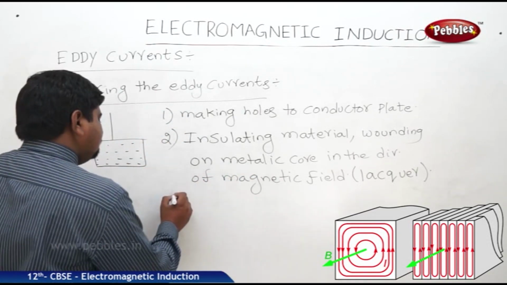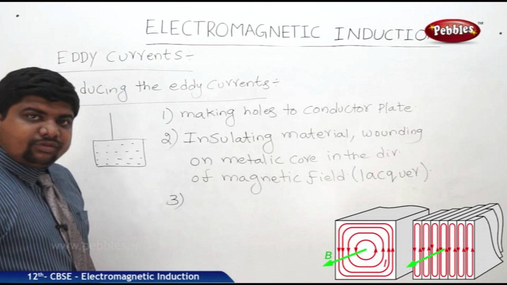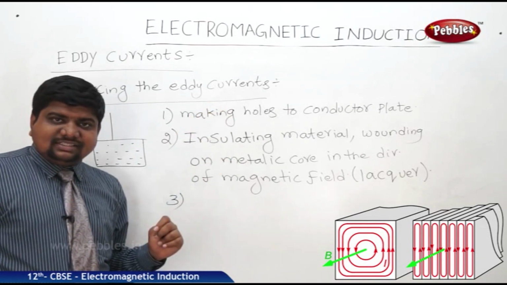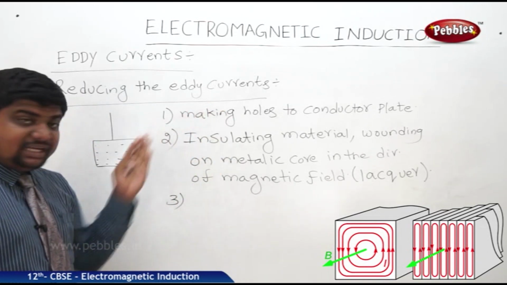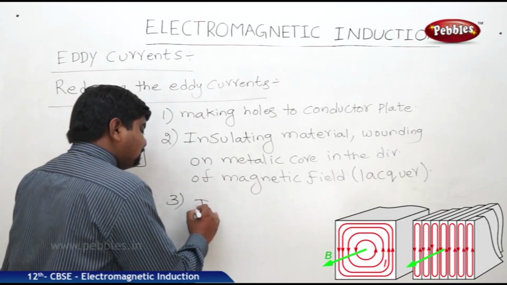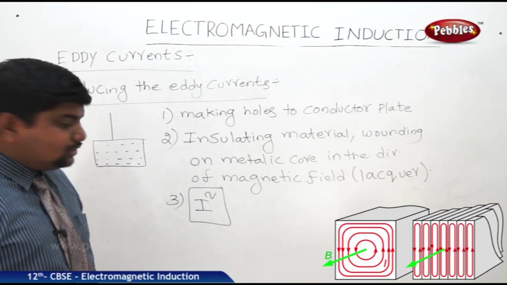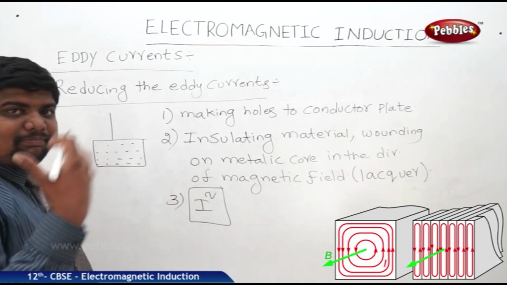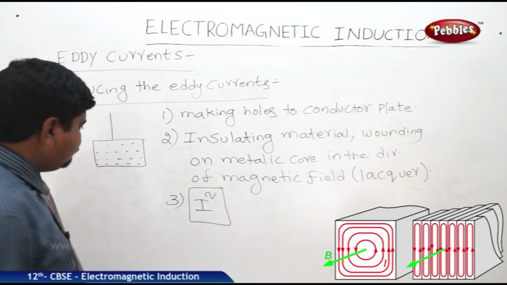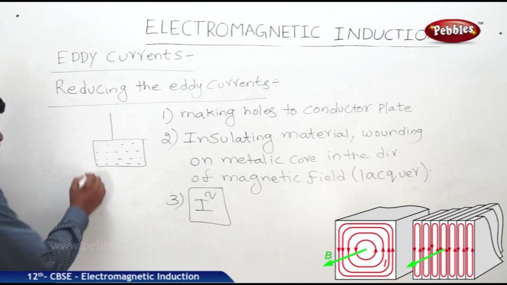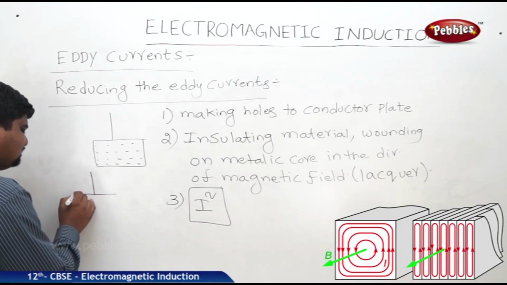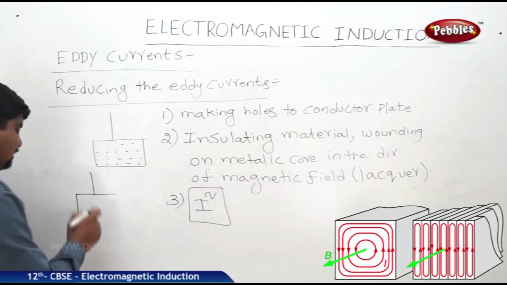That is one example. The third one: what is the reason to do all these things? The heat energy dissipated due to the eddy currents is directly proportional to the square of the amount of current. So how to minimize this? Making the parallel angle. So that's one. And one more way, we can make a zigzag order within the metallic core like this.